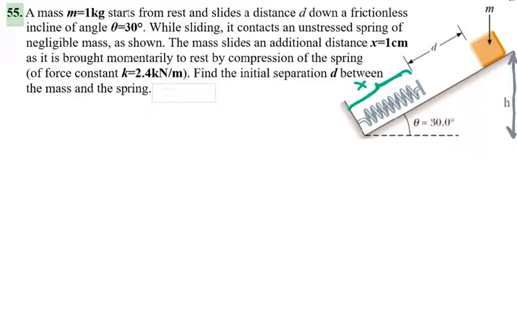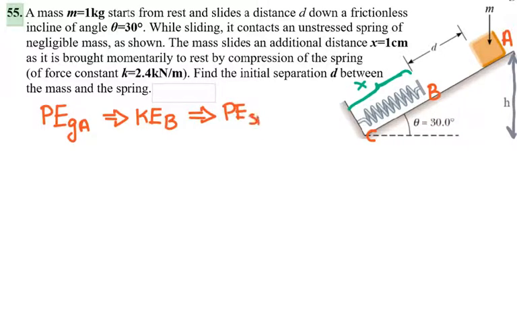So I have a point A, a point B, and a point C. The gravitational potential energy at point A goes to the kinetic energy at point B, and that will go all to the potential energy of the spring at point C. So I have mgh is equal to, and I'm going to convert it all to the spring because they don't ask me the velocity at point B. I can skip that middle one out, and what I have is the potential energy of the spring, which is 1/2 k x squared.